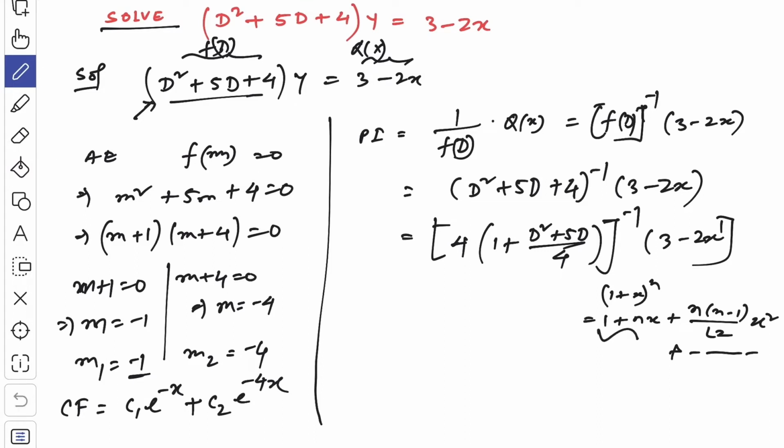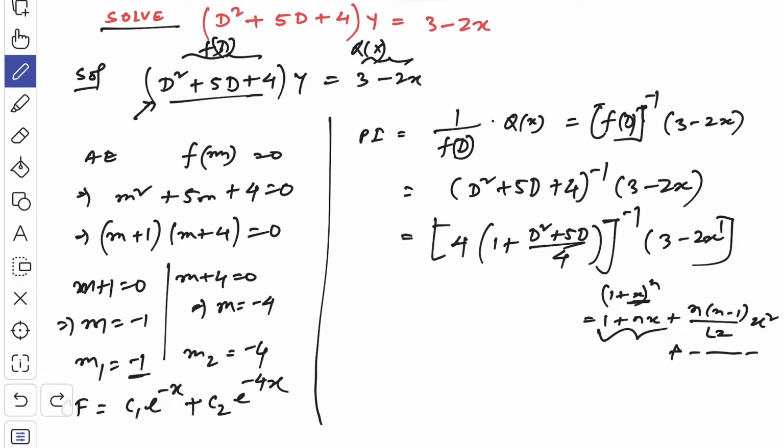So that's why we will take only the first two terms. Because here this x represents this term, (D² + 5D)/4. Don't think of it otherwise. Hope you have understood this in this case.